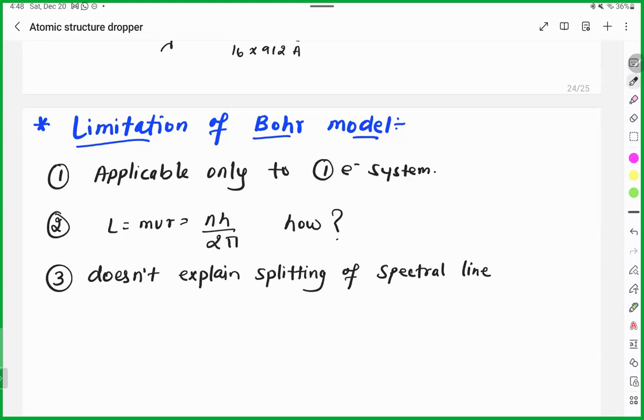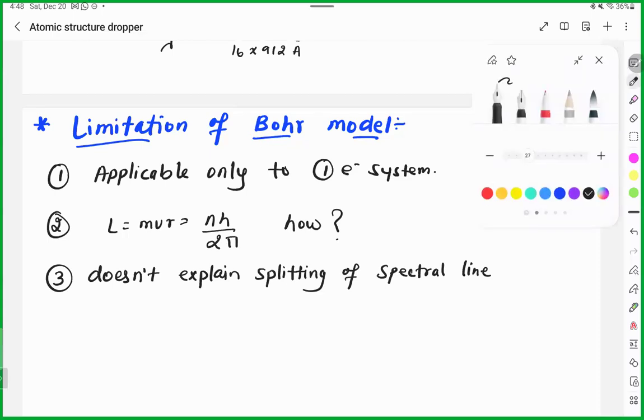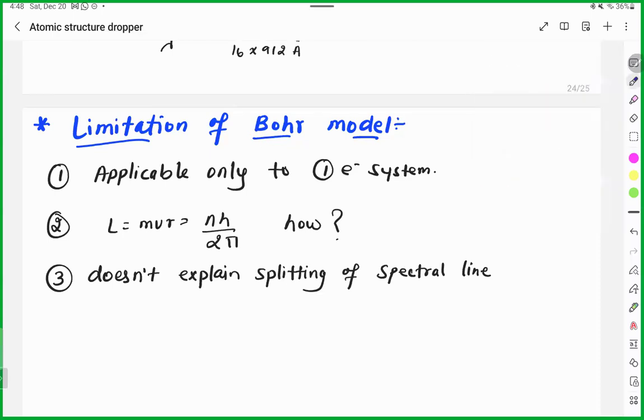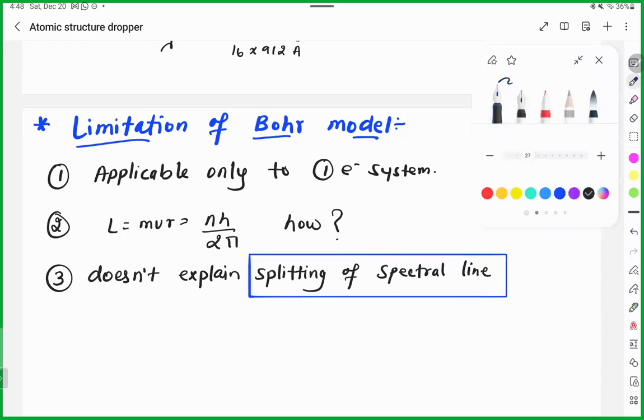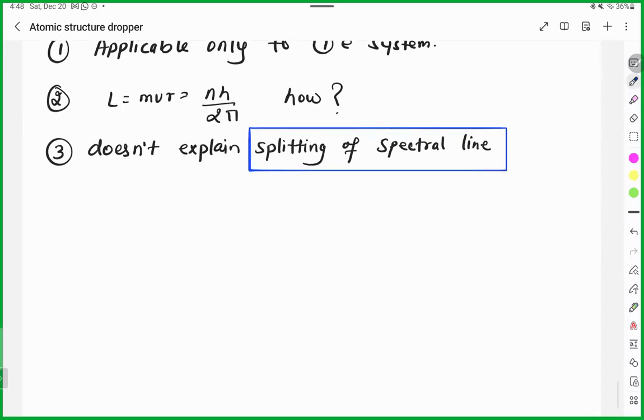Example, in the presence of a magnetic field, the splitting of spectral lines is known as the Zeeman effect, and in an electric field it is the Stark effect. You have many spectral lines, and these lines will split further in the presence of a magnetic field and electric field.